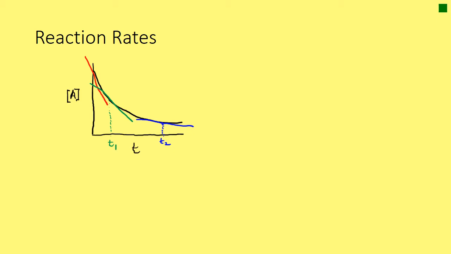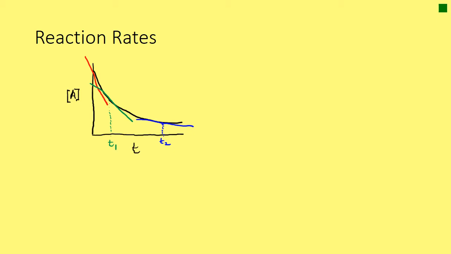After a few seconds, let's say at this point here, if you wanted to know the reaction rate at that point, you would draw a different tangent which crossed the line at that point, and you would take the gradient of that line, and that would give you the reaction rate at this point. Let's call it T1.